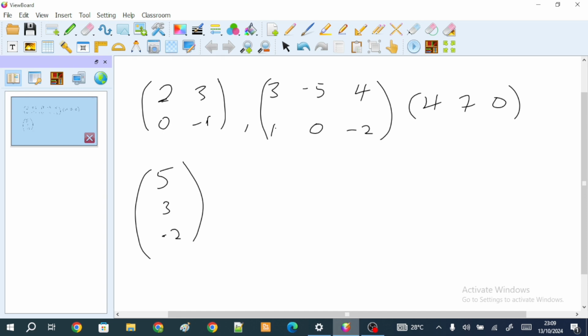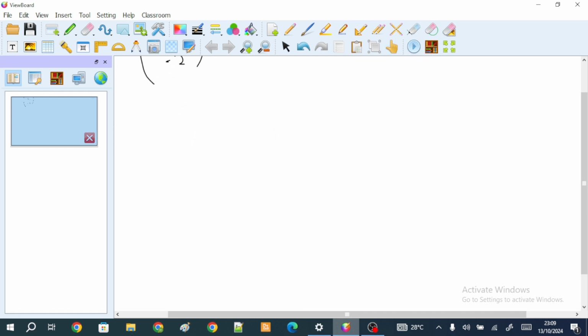These small letters have subscripts that denote the location of each element of the matrix. So let's take for instance, a generic matrix A.